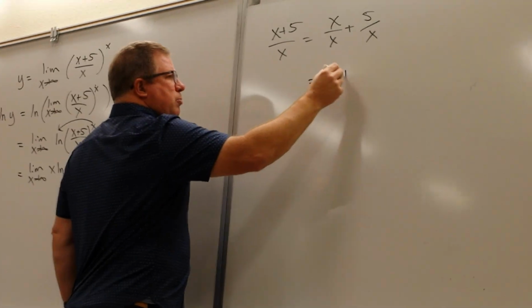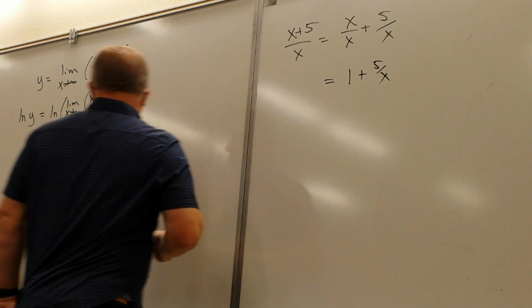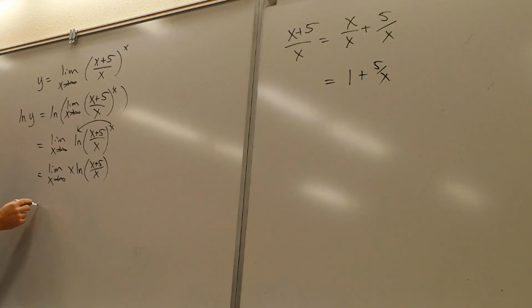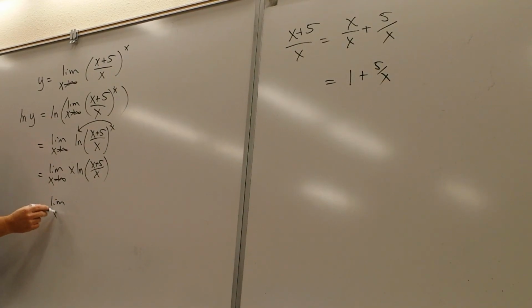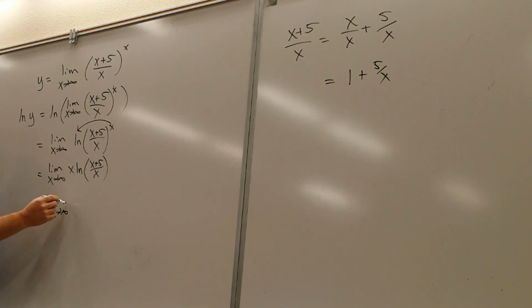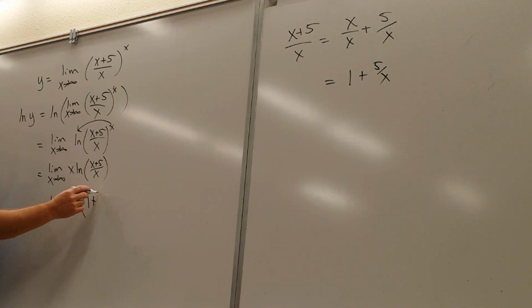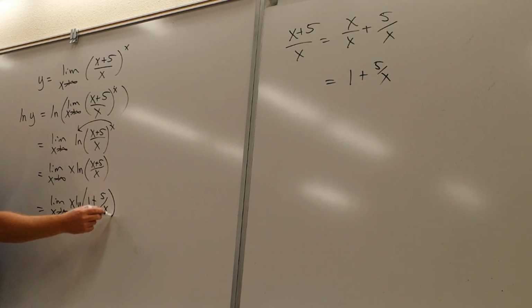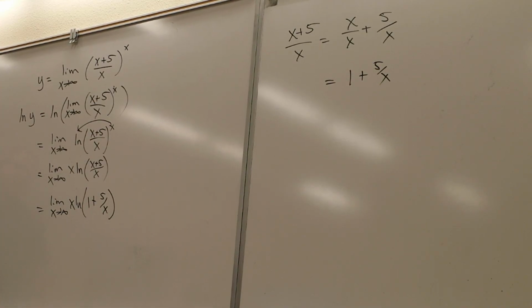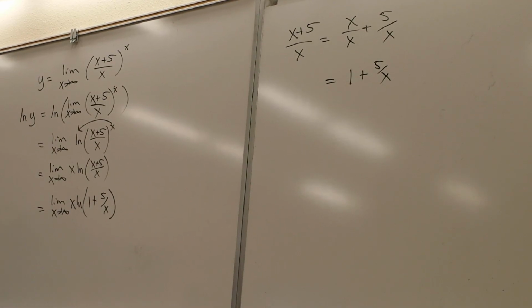And that's 1 plus 5 over x. So this part inside that logarithm there can be written as 1 plus 5 over x, like that. And then we have x in front.